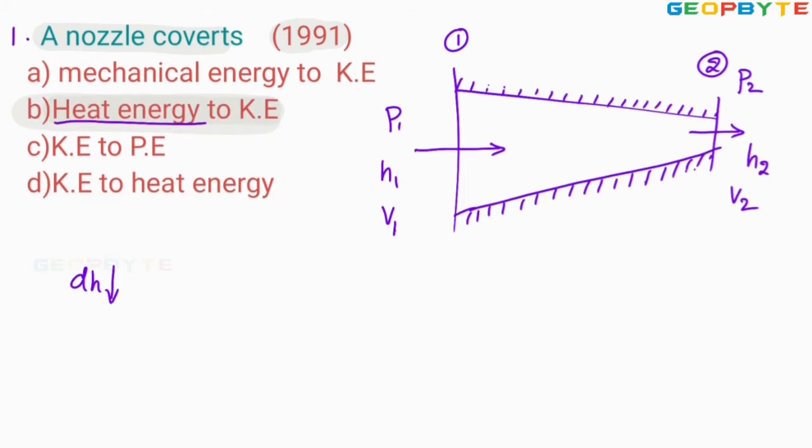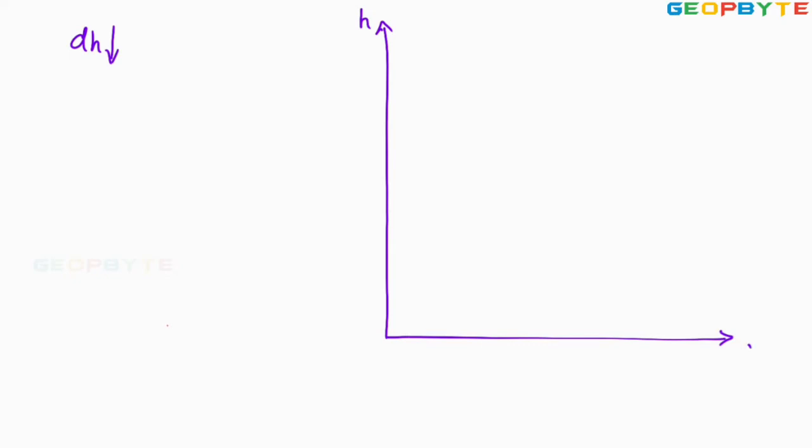If you ask me to construct the HS diagram, the enthalpy versus entropy diagram, this is the saturation dome, and this is the critical point.